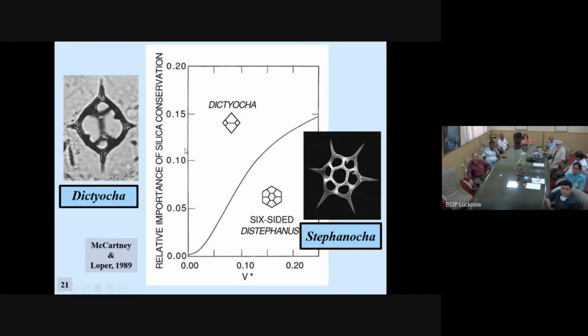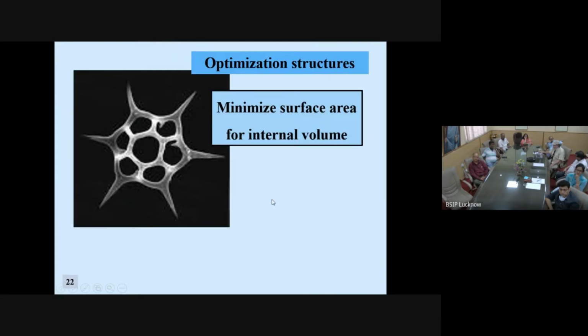Where silica conservation becomes more important, then you get the Dictyocha. And that is the situation that we have here. Simpler designs where skeletal material minimization or reduction is more essential. More complicated designs where the minimization of surface area is essential. Okay, so these are optimization structures. They minimize surface area for internal volume.